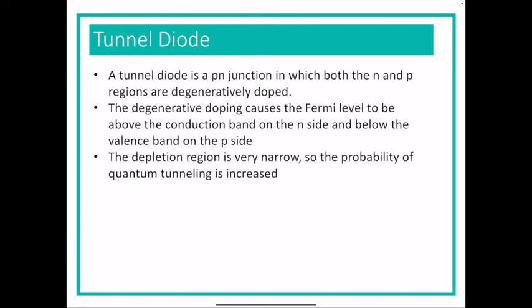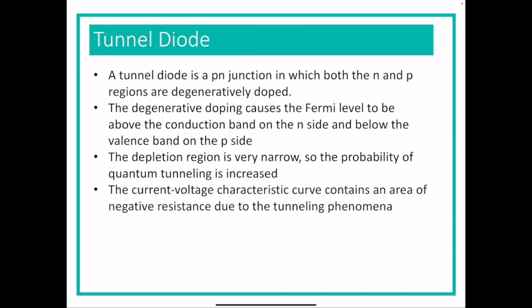What this results in is an odd characteristic in which the current-voltage curve causes the resistance initially to be positive, but then there's an area in which increasing voltage causes decreasing current. So that actually makes an area of negative resistance, which we'll look at in a second.